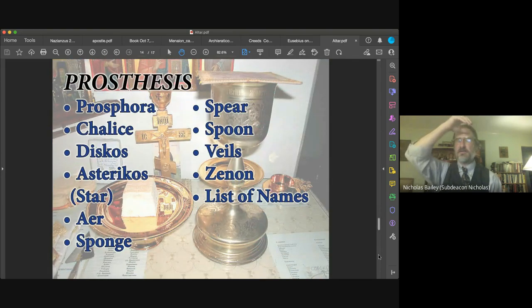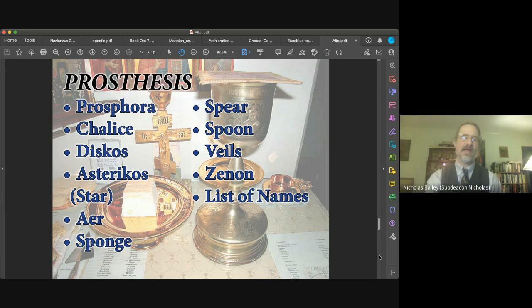To the left of the altar, back in the corner, is where the priest prepares the communion for the divine liturgy. Sitting there are several vessels that will later, during the entrance, get transferred to the altar.